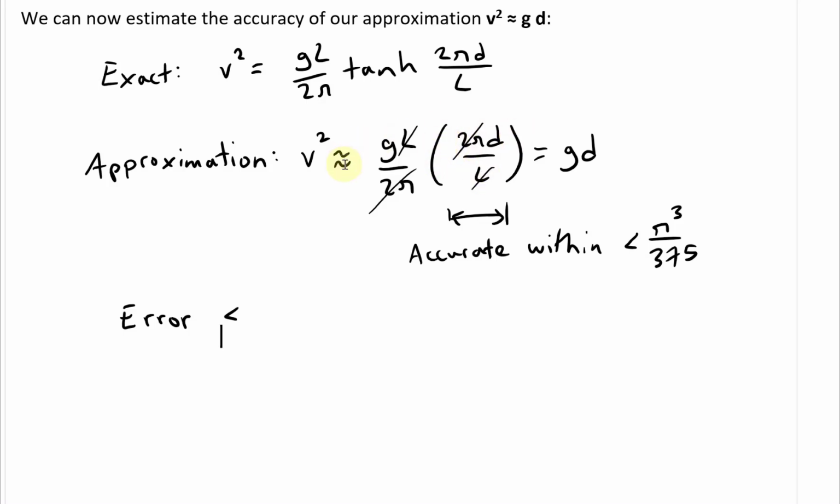So the error is going to be less than GL over 2 pi times pi cubed over 375, and this will cancel, this will cancel. That doesn't really make anything much simpler, so we'll just keep it in there and calculate this out.